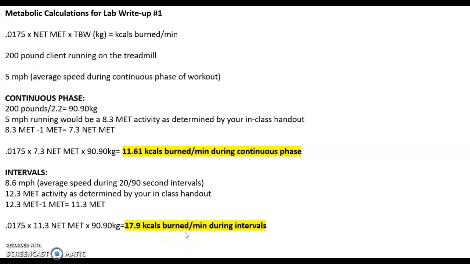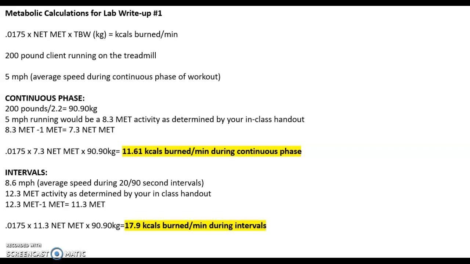The point of you guys doing this math was so that you could also reiterate the fact that a higher MET activity costs your client more. So the cost of energy is going to be greater. So me completing a 5 MET activity is going to be less of a cost than completing a 10 MET activity, right?